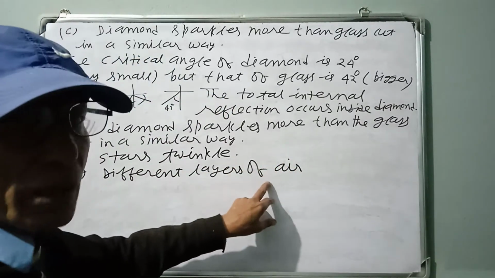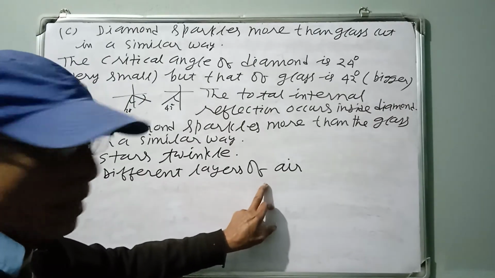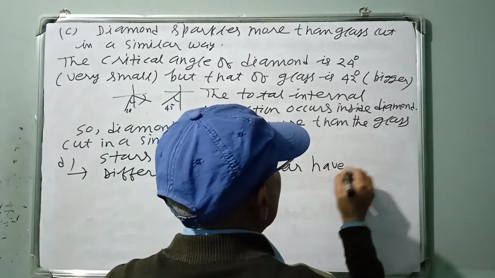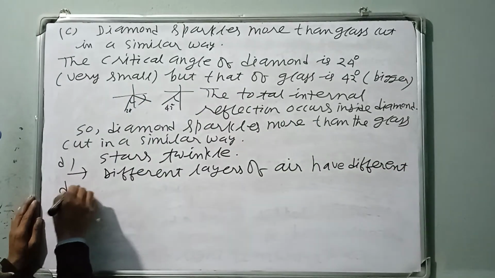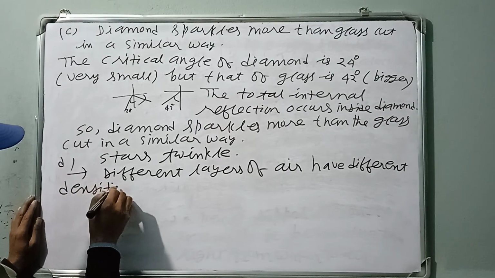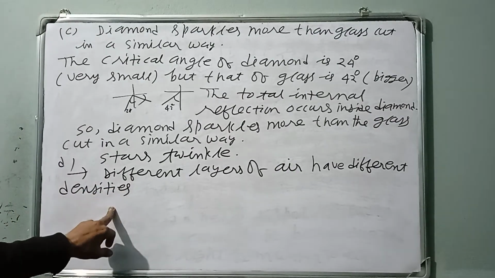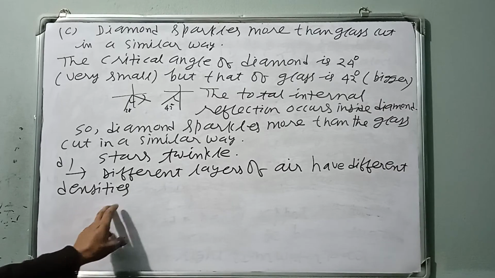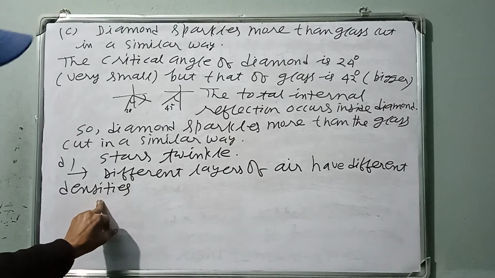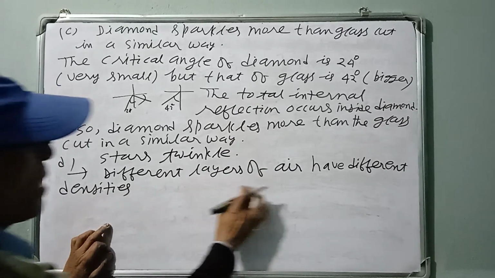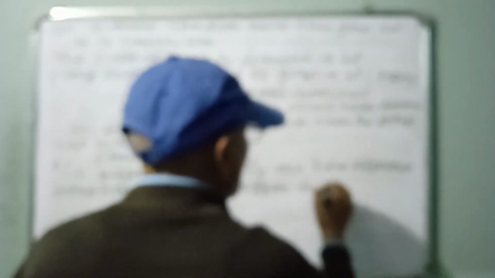See, actually air is a heterogeneous mixture. Different layers of air have different densities. Actually density is not a countable noun, but here to distinguish between density, I have written densities. Different layers of air have different densities which vary or differ in small ranges.